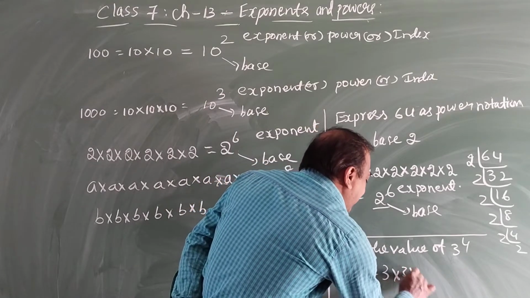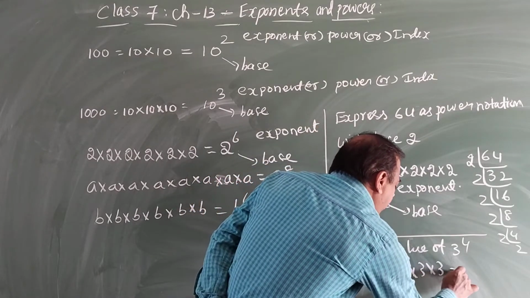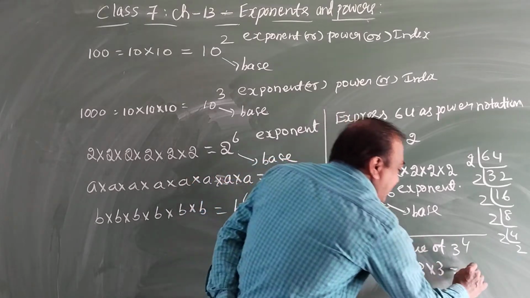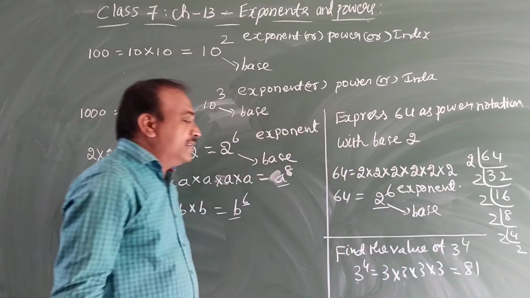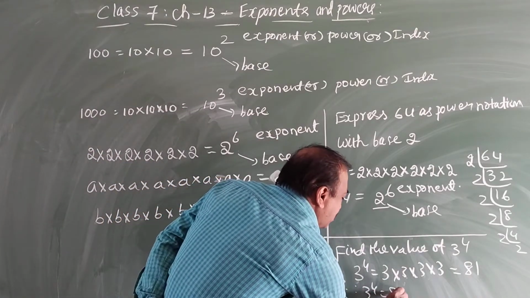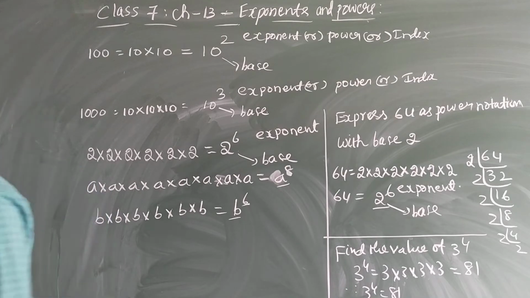So 3 into 3 into 3 into 3, which is 3 3s are 9, 9 3s are 27, 27 3s are 81. Therefore 3 to the power 4 is equal to 81. Like that we will find the value of the given exponential form. Clear?